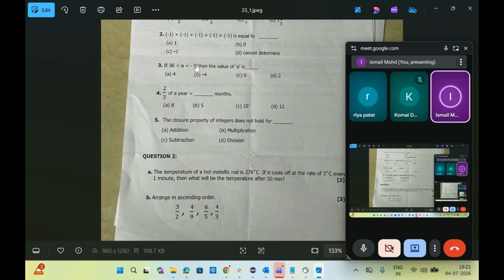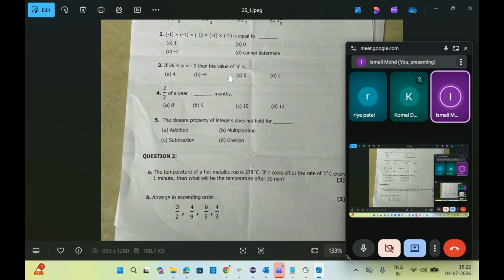This minus 9 will come this side and this A will go this side. So this will be like 36 by minus 9 is equal to A.